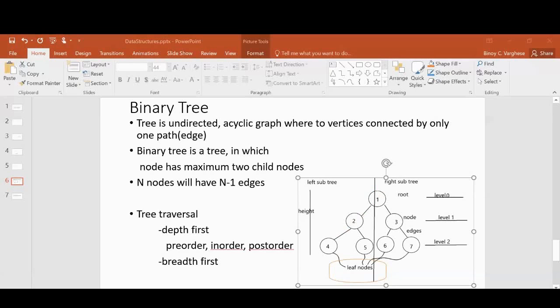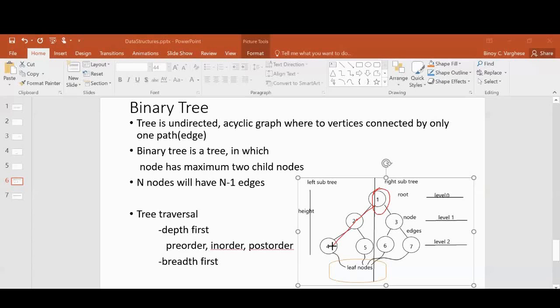So depth first means it will start from the first node, then it will go to the child below, then it will go to 4, like that. Depending on the order of printing, it is further categorized into pre-order, in-order, and post-order.